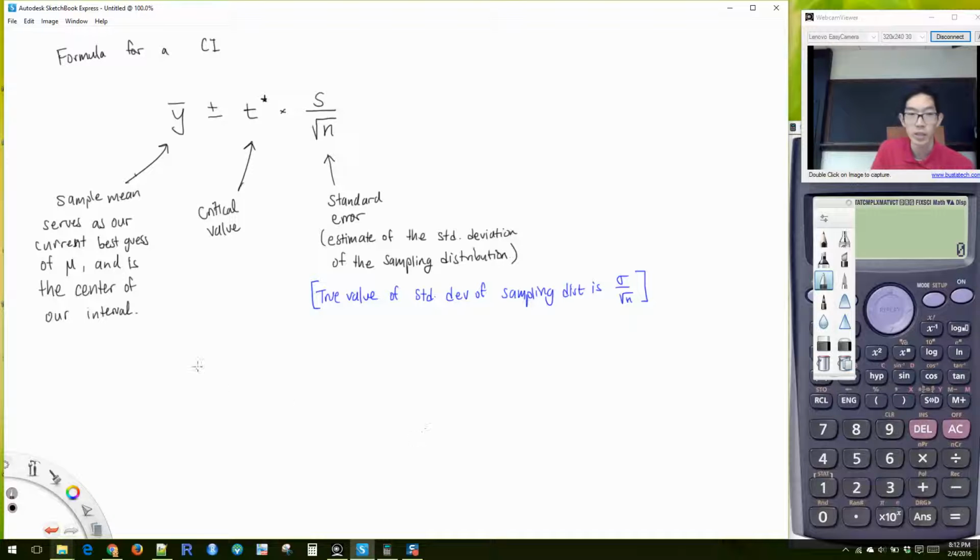Okay, and this quantity in y bar plus or minus t star times s over the square root of n, this is known as our margin of error. So essentially we've got y bar plus or minus the margin of error.